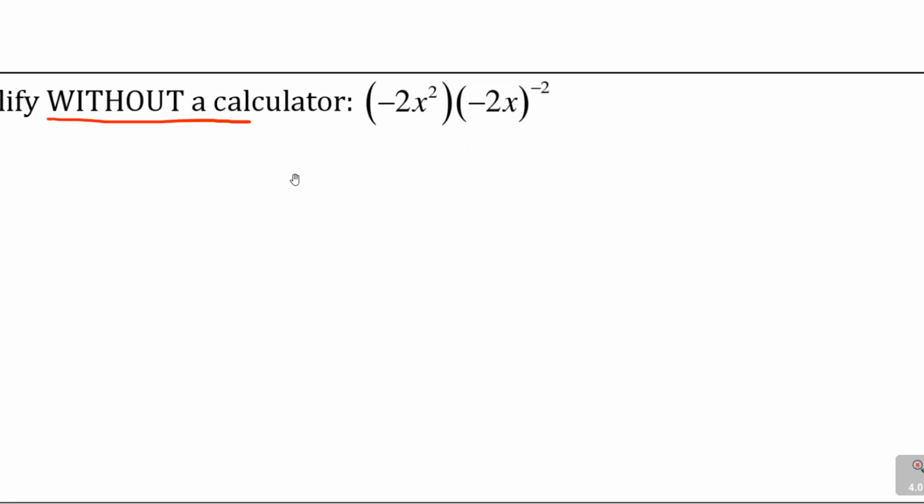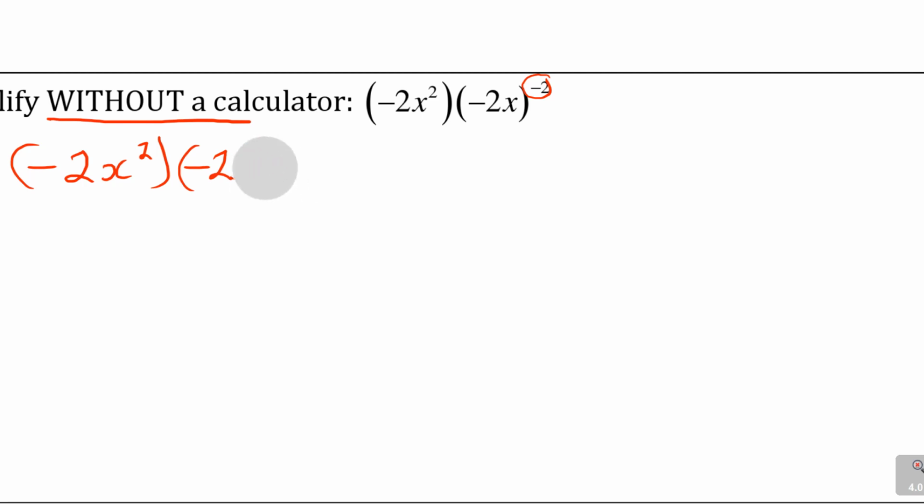The important thing is that it's got this -2. You know what it means? So we have minus 2x squared in that bracket, but the second one, it means I've got, you can do this actually, minus 2x.